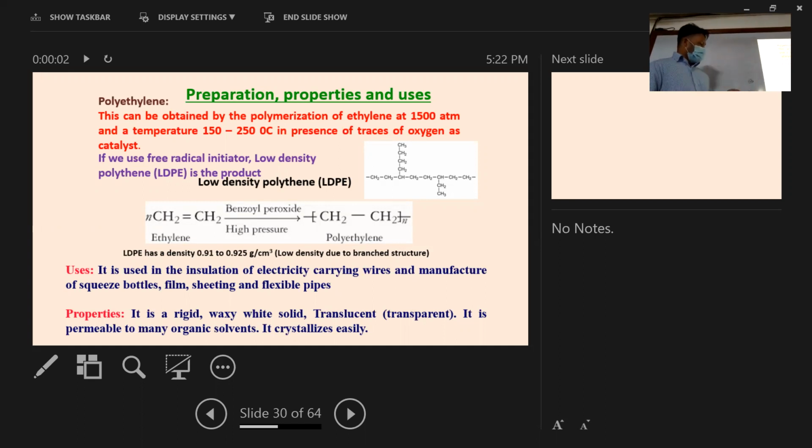And if we use another type of reactor, next page will show you. So LDPE has a density of 0.91 to 0.925 around this.